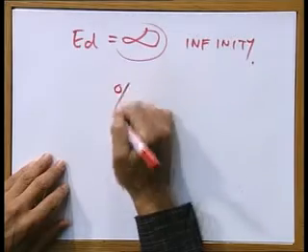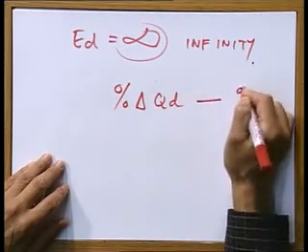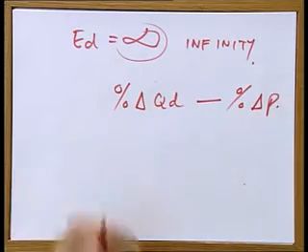When we look at the general definition of elasticity, it simply means what will happen with the percentage change in the quantity demanded because of the percentage change in the price. Now, let's look at maybe practical numbers here. A slight change in the price will cause a very large increase in the quantity demanded.